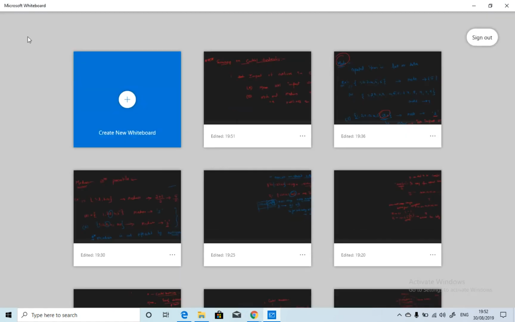Now, next topic is under central tendencies, under descriptive statistics. Second one is dispersion. Third one is, what is the third one? Shape.